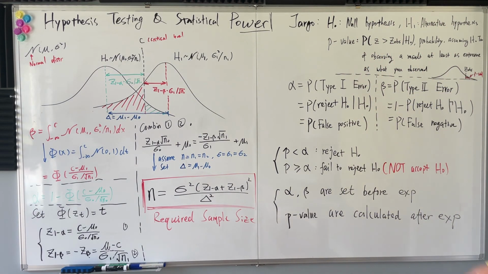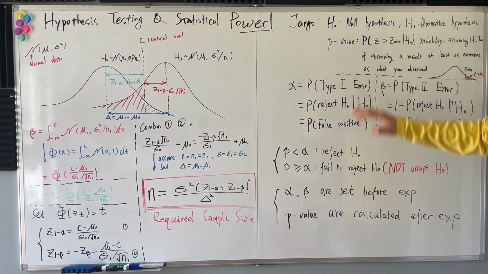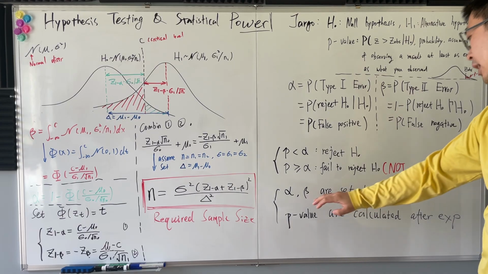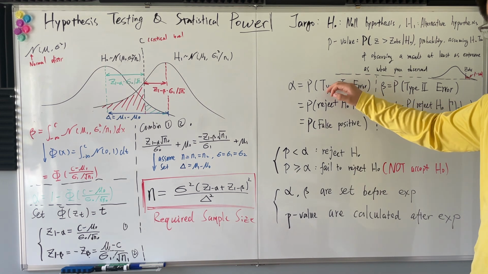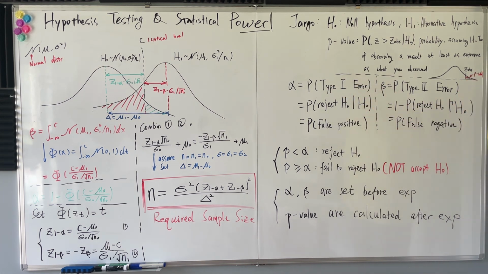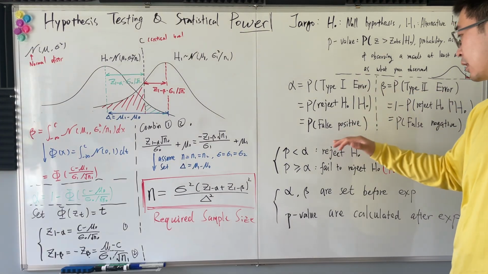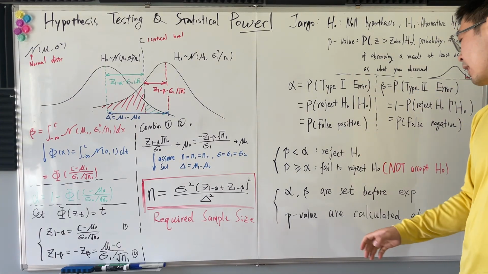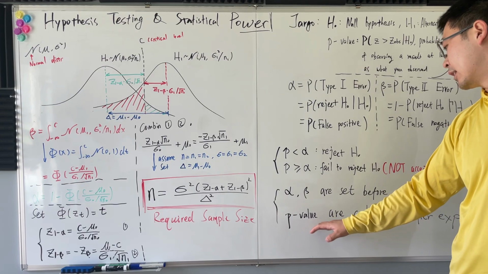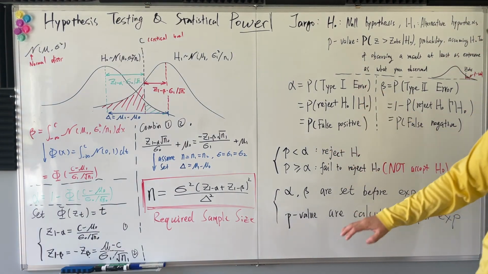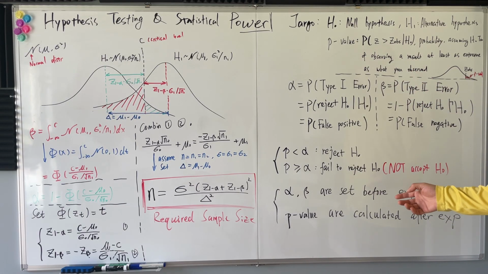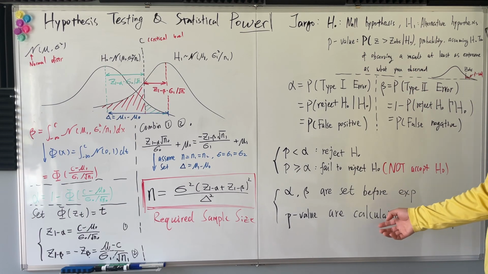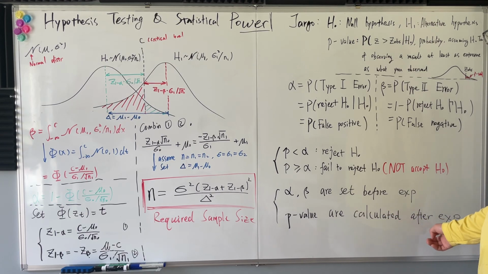In the experiment, you set up alpha and beta before the experiment, for your tolerance for type 1 error and type 2 error, so your tolerance for false positive and false negative. Then after the experiment, you calculate the p-value and compare it with alpha.